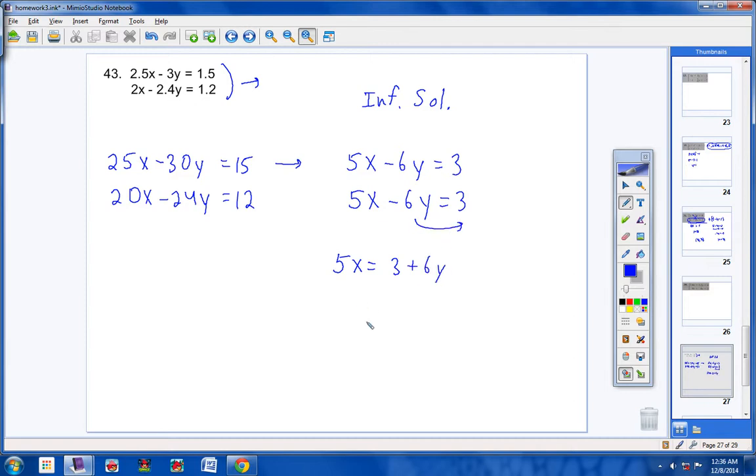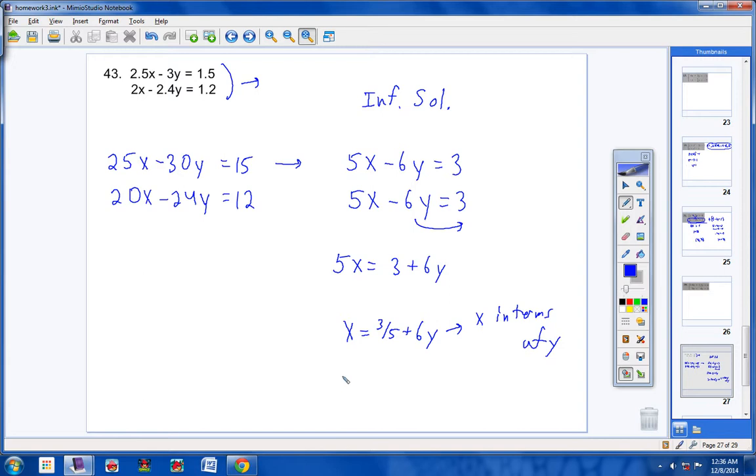Bring the 6y over. Now divide everything by 5. x equals 3/5 plus 6/5 y. Now what you just did is you wrote your answer in terms of y. You have x in terms of y. So when x is by yourself, please make note of this, guys, we call that x in terms of y.